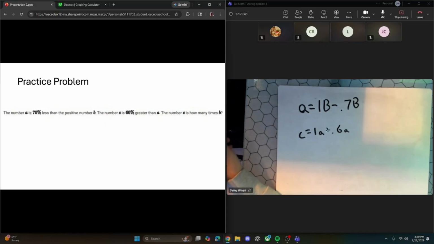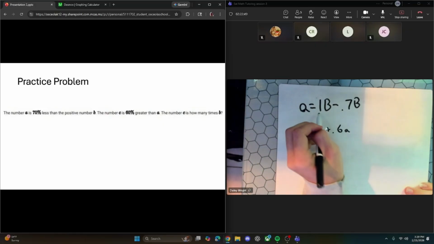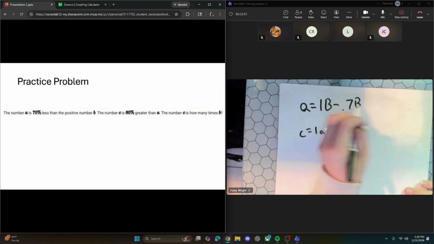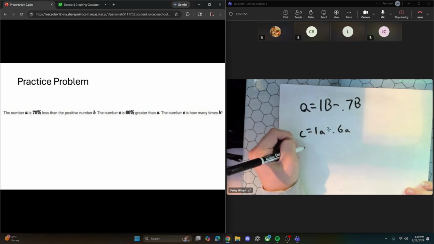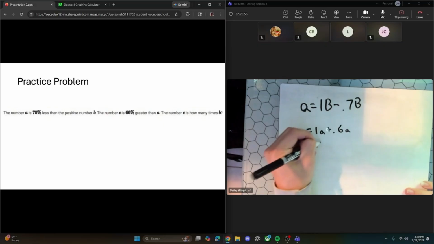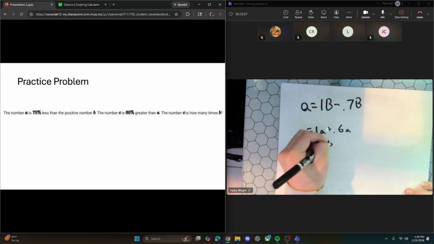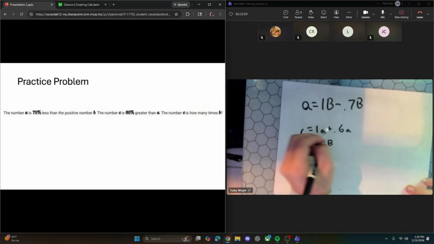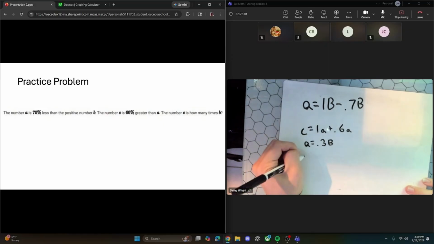The number C is how many times B? Well, the first thing I'm going to do is simplify these equations. 1B minus 0.7B is 0.3B, so A equals 0.3B. And then 1A plus 0.6A is 1.6A.